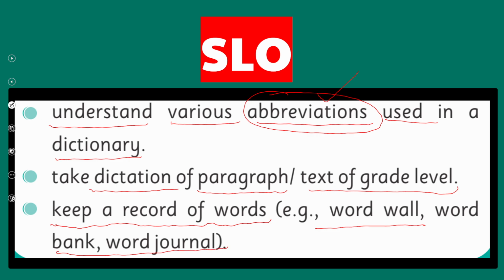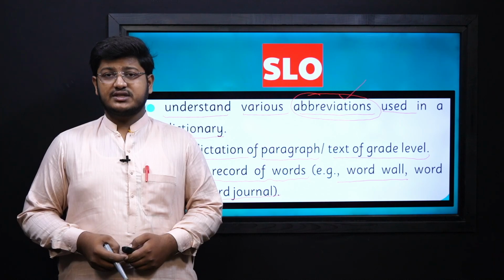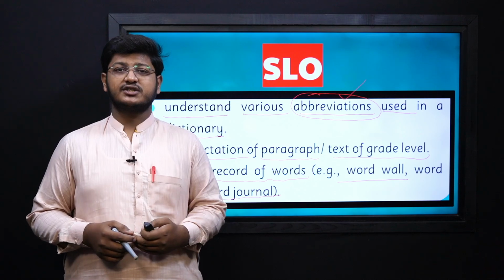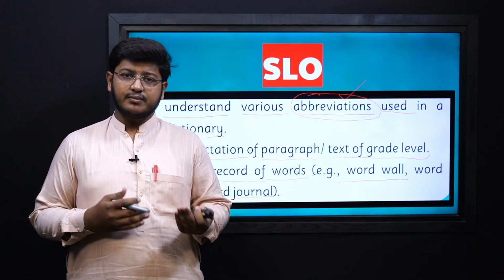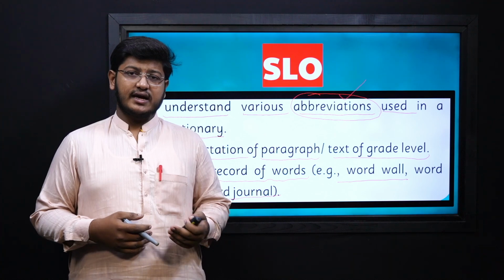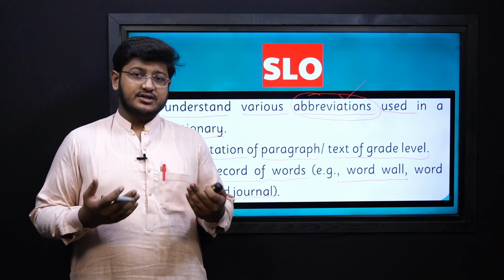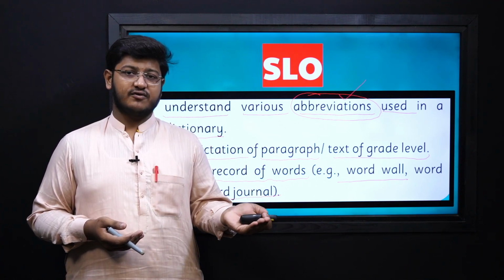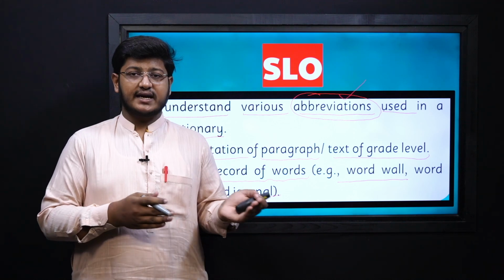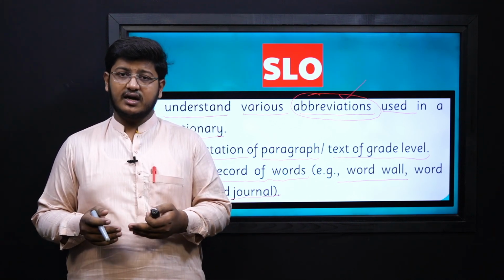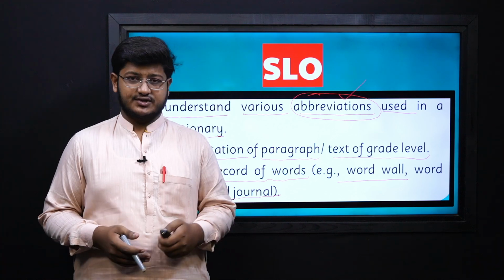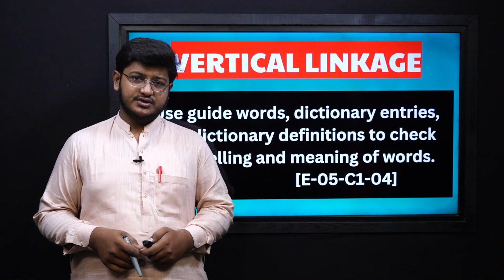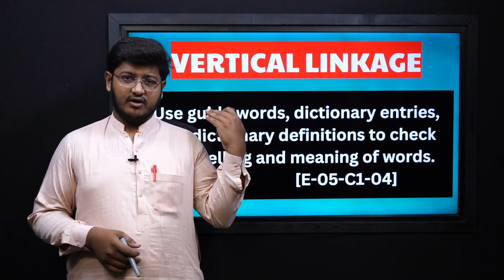So guys, when we go through the words and abbreviations from the dictionary, it will automatically boost our vocabulary and we will get to know some unfamiliar words, and from such unfamiliar words you can make a list or a word bank or a word wall in your classroom. So this SLO will automatically be addressed through the reading of the first SLO.